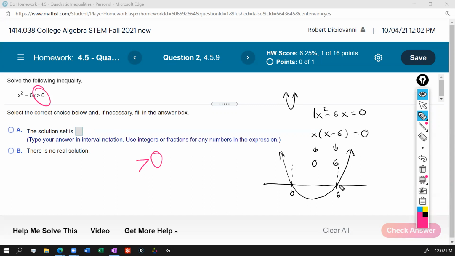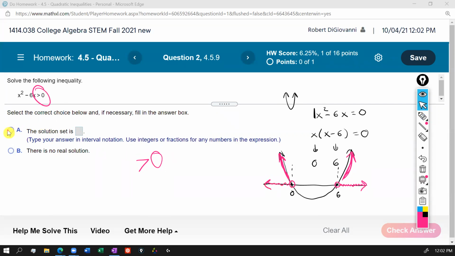So pay attention here, we wanna know where it's greater than 0. And that means that we don't want it to be equal to 0. So we don't want 6. Don't want to include it, but we want everything to the right, because that's where our graph is above the x-axis, greater than 0. And then everything over here too. So don't include 0, but go this way.